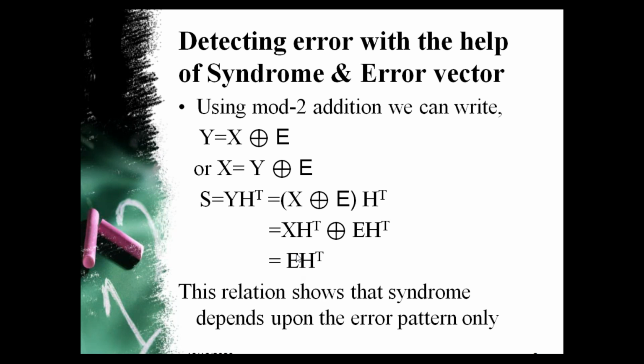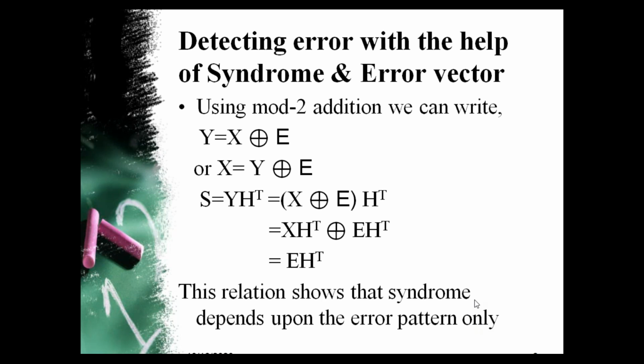Therefore here we have shown that the syndrome vector is equal to E into H transpose. That is, if you multiply the error vector with the H transpose matrix, that will give S, the syndrome vector. This relation shows that the syndrome depends upon the error pattern only.